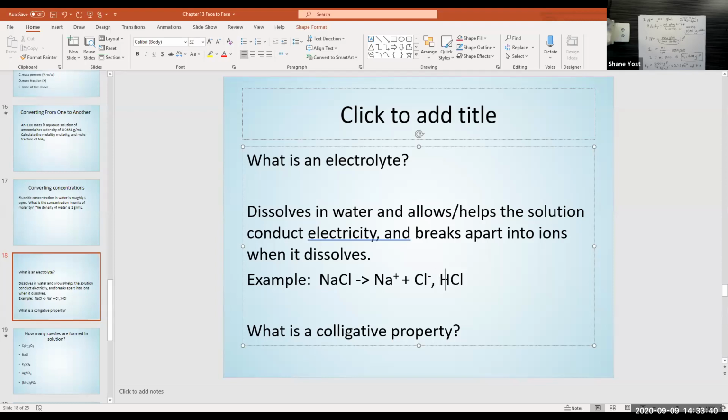And hydrogen chloride would also break apart in solution into hydrogen ions plus chloride ions. So those are examples of electrolytes. These are things that break apart in solution to form separate ions, okay?